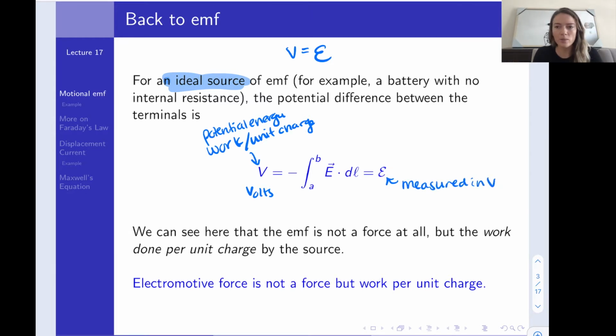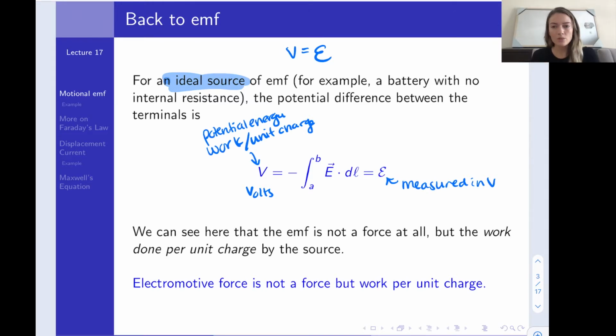So we can see right away just from the units that the electromotive force is not a force, because it's not measured in newtons, it's measured in volts, which means it's a work or an energy per unit charge. So the EMF is just the work done per unit charge by the source, by that ideal battery. Again, it's not a force at all, it's a work per unit charge done by whatever source you have.